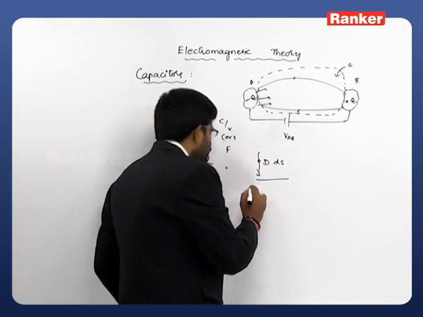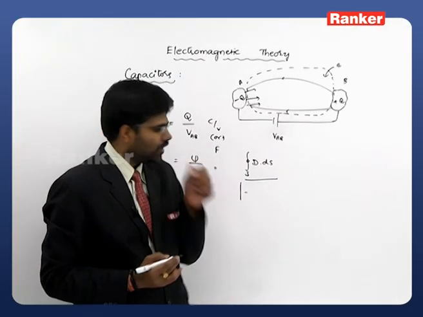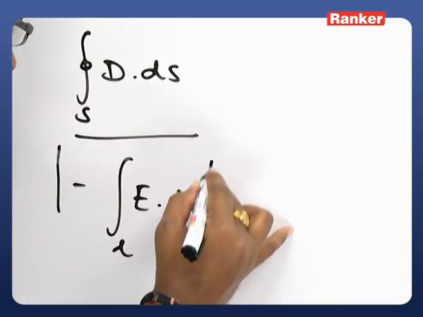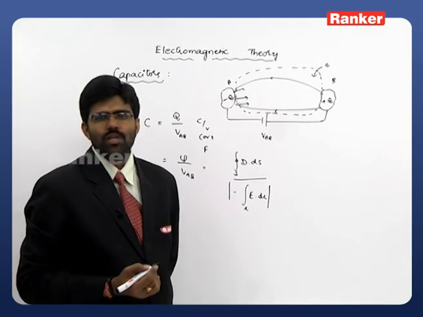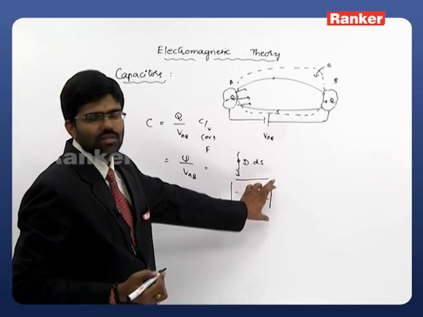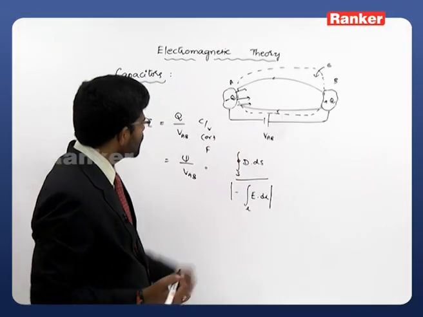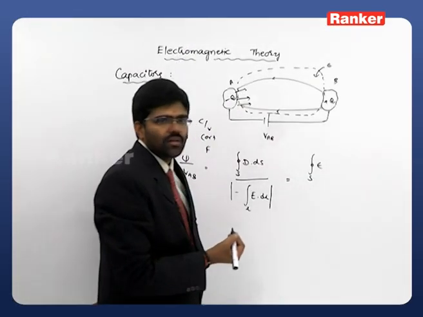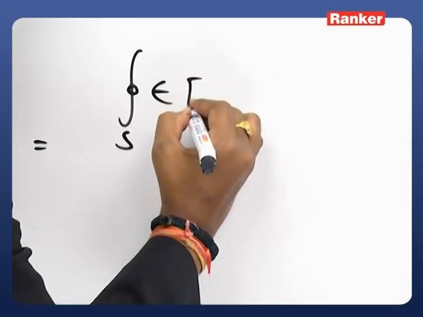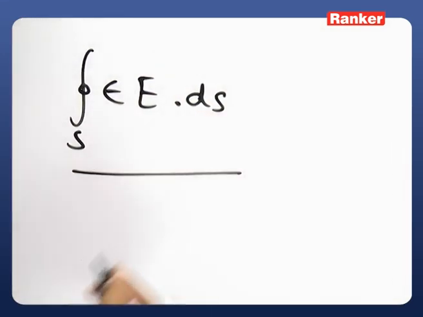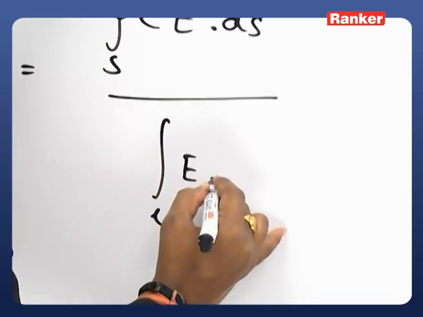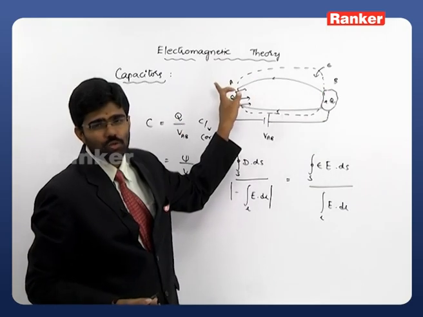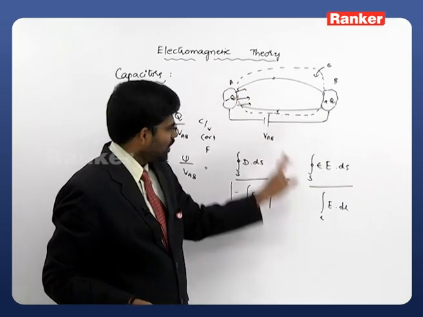We already learned the equation of potential from the electric field intensity, which between these two is minus the line integral of E dot dl. Here I am taking the magnitude, since we require the absolute value of the capacitance. Replace D with epsilon E, taking a homogeneous medium. So the charge is epsilon E dot ds, divided by the line integral of E dot dl. Clearly, this line integral is an open line integral, always from the positive charge to the negative charge, and it should not be a closed integral.